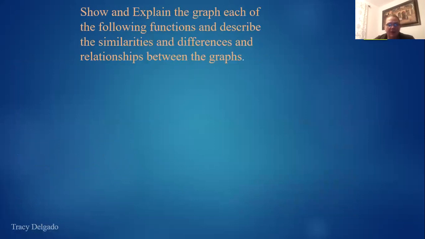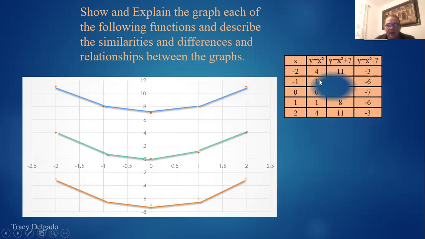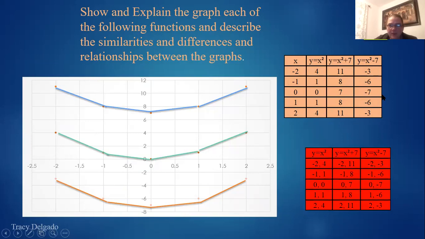Okay, and this next one we're going to show and explain the graph of the following functions and describe the similarities, differences, and relationships between the graphs. And these, when they're shaped like this, they're called parabolas. And this is our formula, how I worked these out. Our x, we have negative 2, negative 1, 0, 1, and 2.